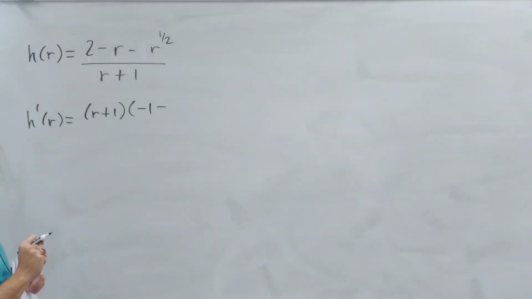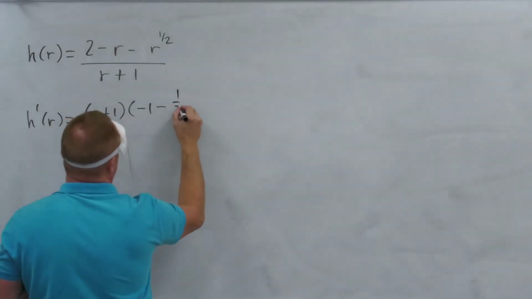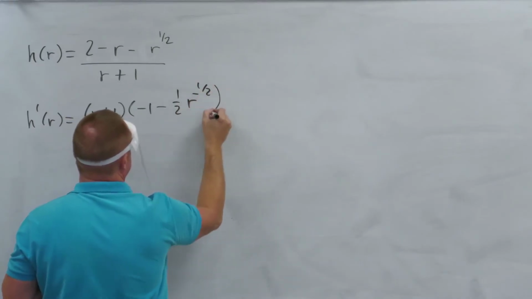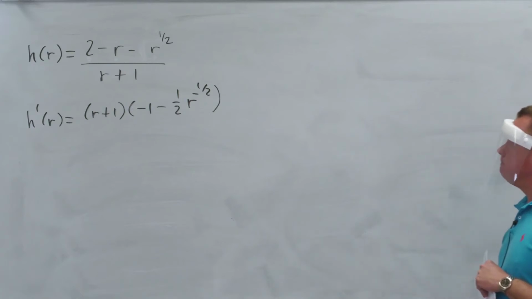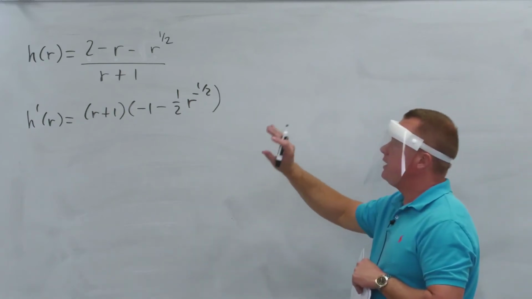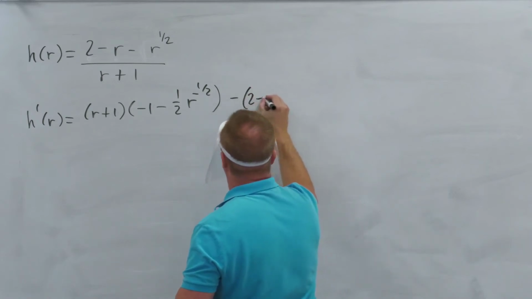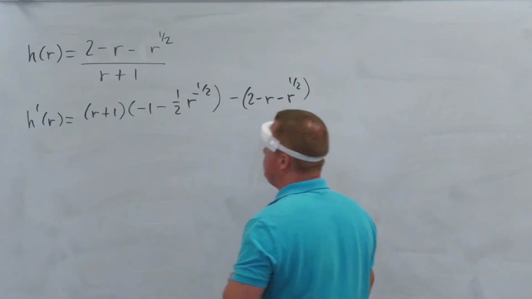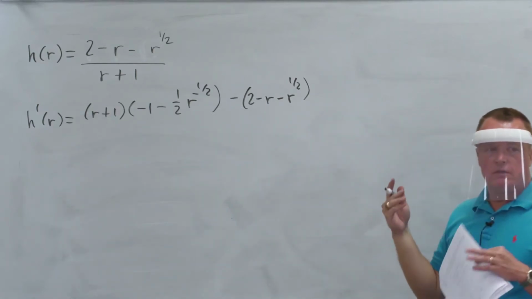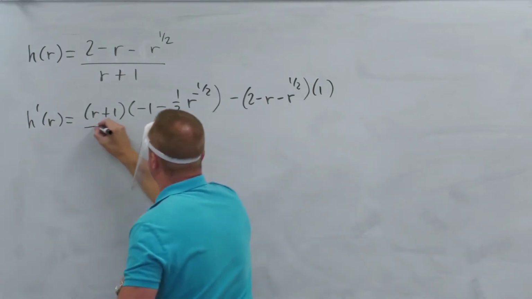Well, multiply by half and subtract 1 from the exponent. So 1/2 r to the negative 1/2. So that's the bottom times derivative of the top. Now minus the top times derivative of the bottom, which the derivative of r plus 1 is just 1, over the bottom squared.